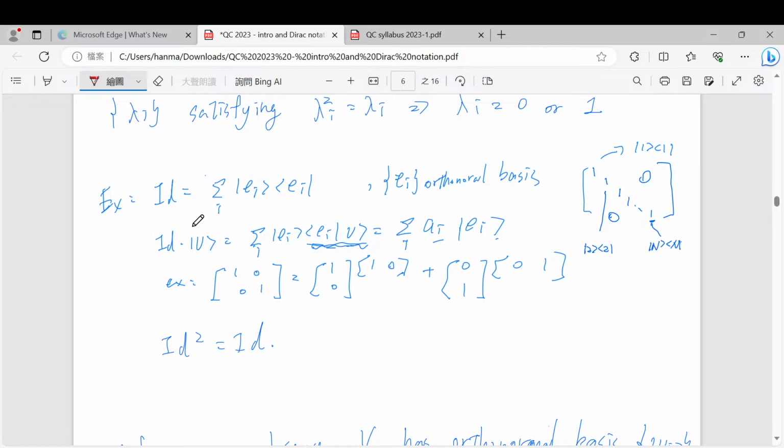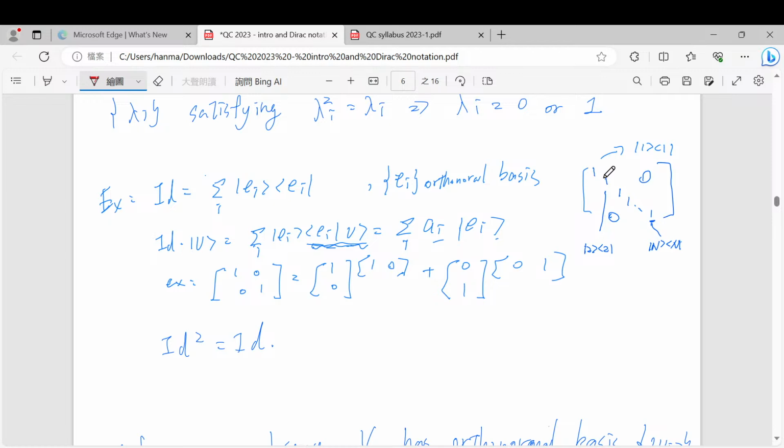And then here we use the nice thing about our Dirac notation. We can also write identity as the summation over small projectors on the basis elements. So we can write it using the ket of a basis element and the bra of a basis element.